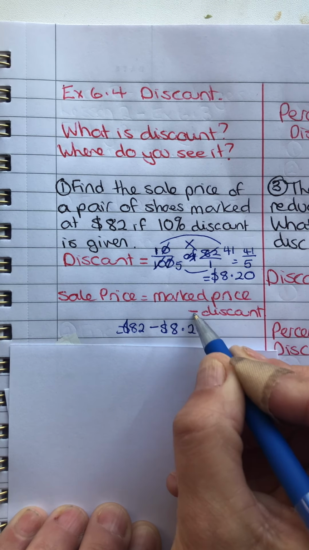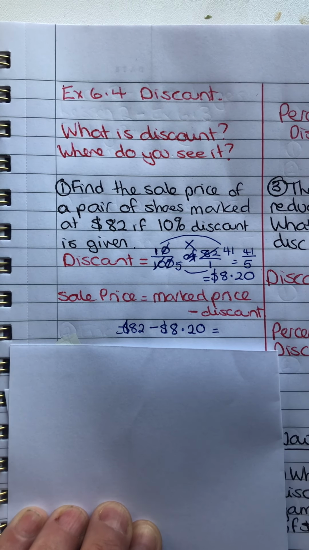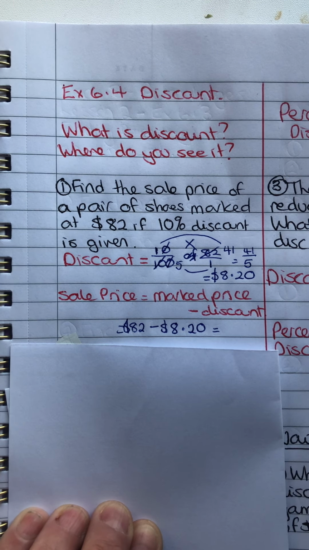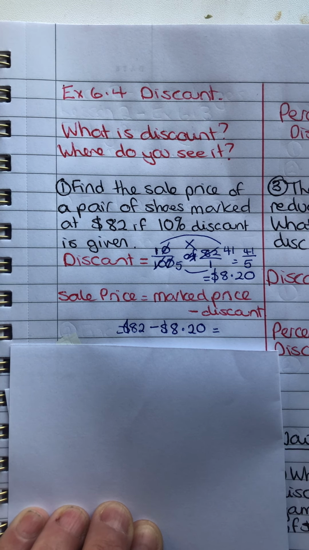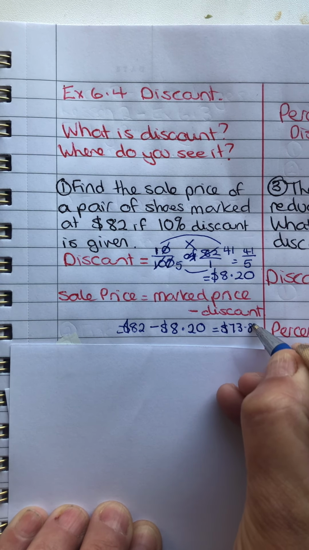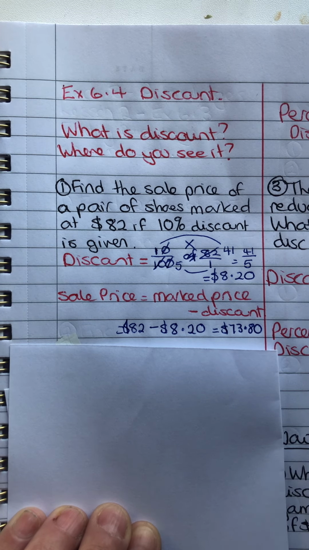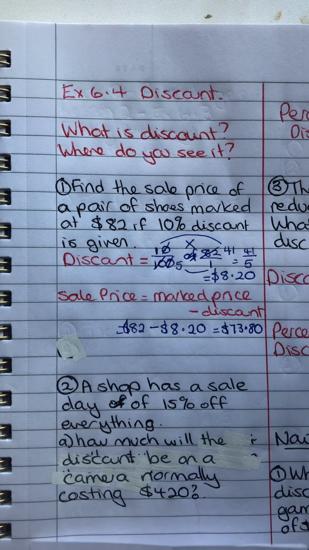Marked price minus discount, 82 minus 8.20. And it's early in the morning, so I'm not going to use my brain. And we should get that now. If you have $73.80, that's how much you will pay for this item. So let's have a look at another one.